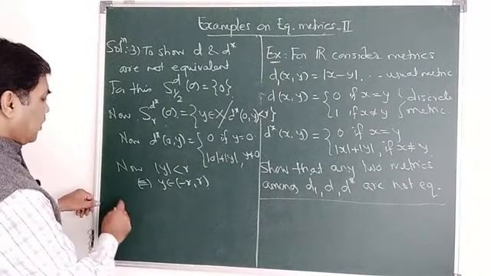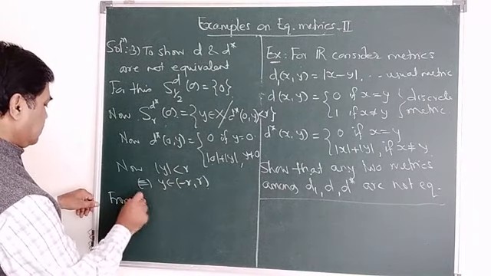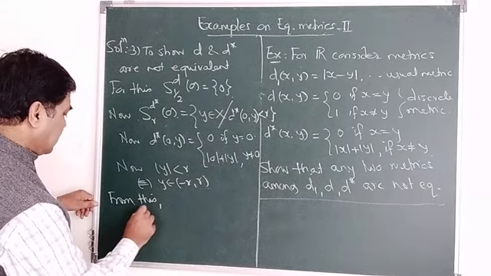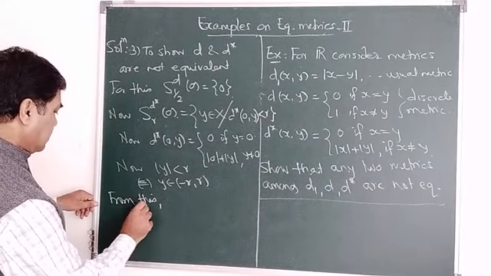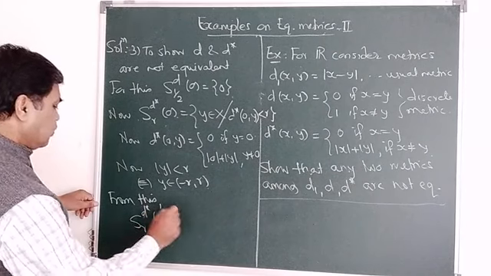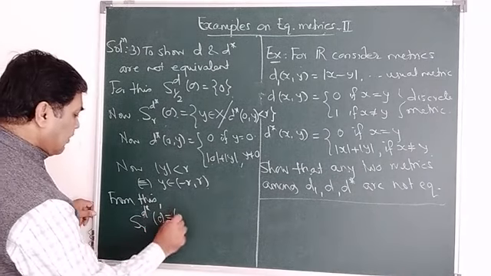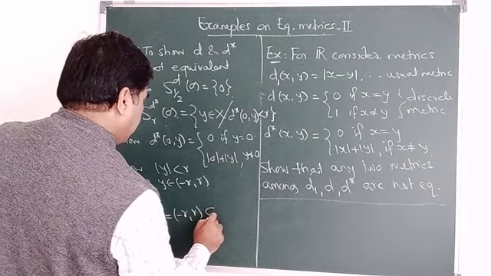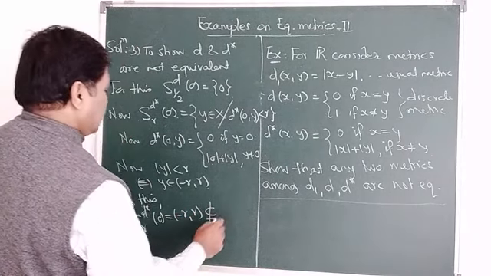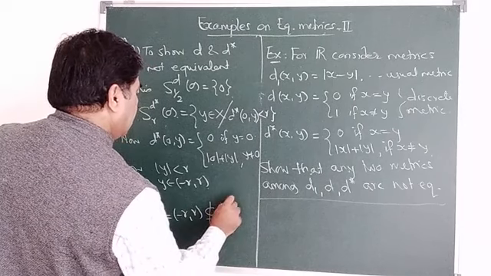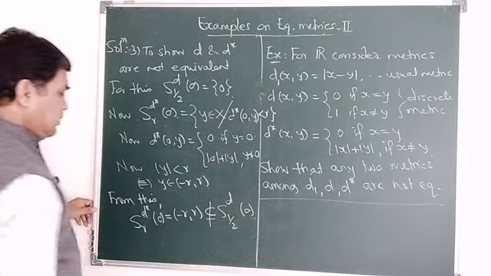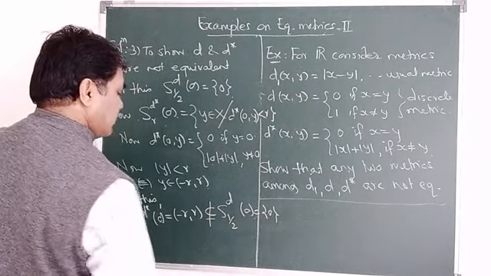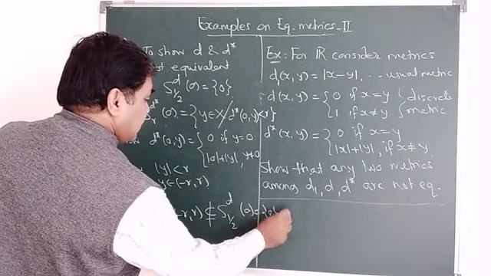Okay, so from this, S r star D star 0, which is nothing but minus r to r, is not a subset of S half D 0, which is equal to singleton 0, for every r greater than 0.